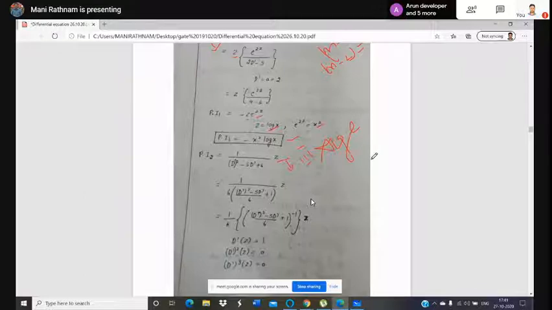So here z is algebraic. What is the procedure for finding the particular integral of this algebraic function? That is the rule we recollected using the binomial formula. Before applying the binomial formula, take the lowest degree term in the denominator to make the first term unity. So here the lowest degree term is 6.